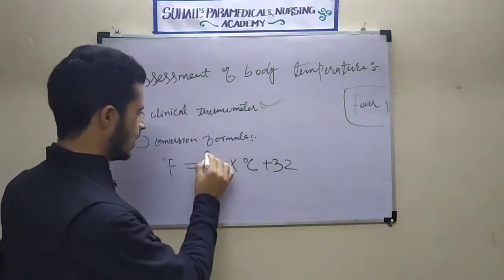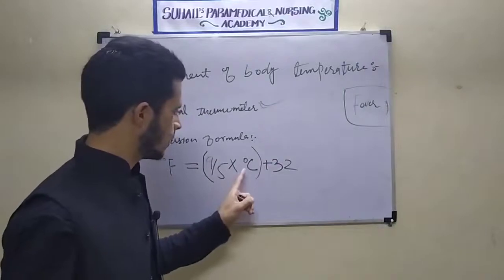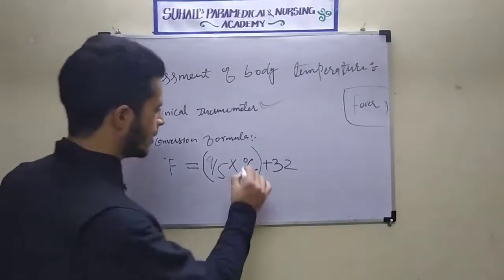Remember, here we first multiply 9 by 5 with degree Celsius, then add 32, and this will give us degree Fahrenheit.